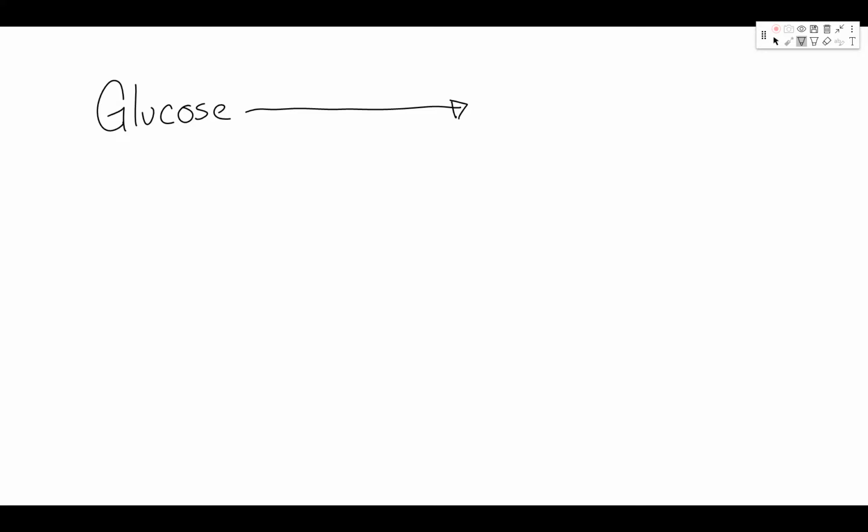With glycolysis, we are going to take some ADP and some inorganic phosphates. We are going to yield ATP, and that's our energy. And we get pyruvate. That's glycolysis. We know and love glycolysis. We have seen glycolysis a bunch.